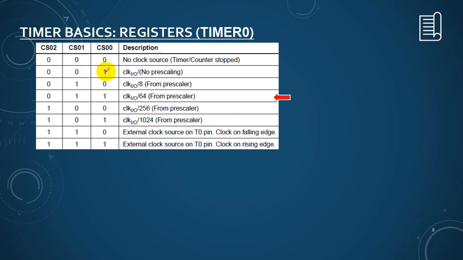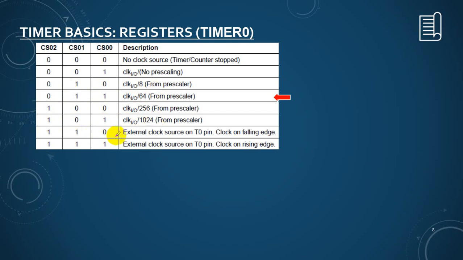When they are 001, no prescaling, so the timer gets the same frequency as the system frequency, 16 megahertz. If it is 010, divide the main clock frequency by 8. If it is 011, divide by 64. If it is 100, divide by 256. 101, divide by 1024.